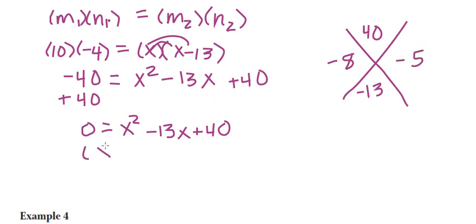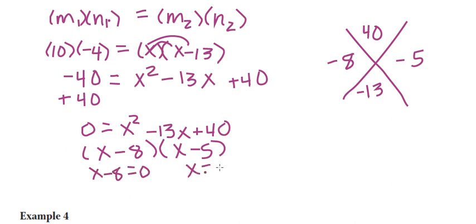So this is going to give me x minus 8 multiplied by x minus 5. And when I go to set each of those pieces equal to 0, that creates a sign change. So this one is actually going to have two solutions. It is x is going to equal both 8 and also 5.